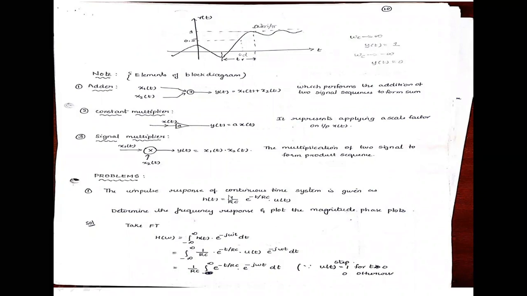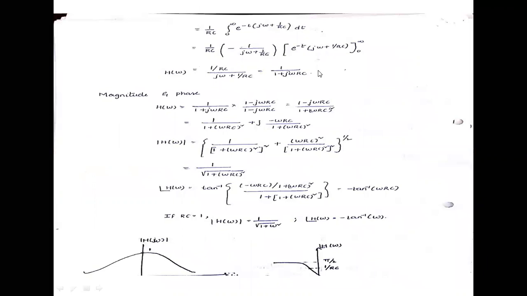So H of omega is equal to the integral of h of t e power minus j omega t dt. Substitute h of t as 1 by RC e power minus t by RC mu of t. Change mu of t to 1. Change the limits from minus infinity to infinity into 0 to infinity, because the step function is 1 from 0 to infinity. Simplify the function.